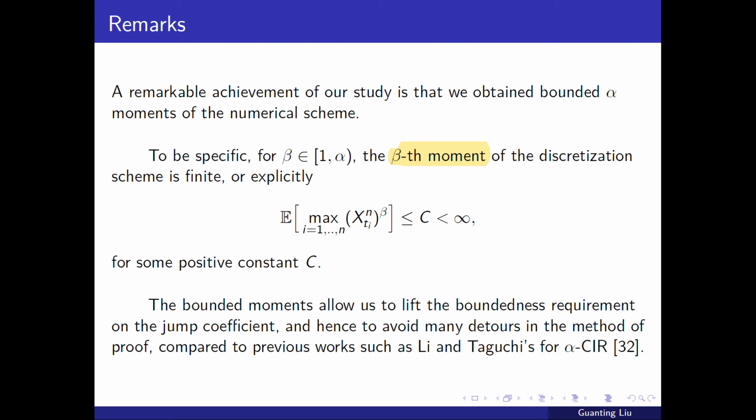Having these bounded moments allows us to lift the boundedness requirement on the jump coefficient, and hence to avoid many detours in the method of proof. This is a huge improvement compared to previous work such as the work on alpha CIR by Lee and Taguchi.